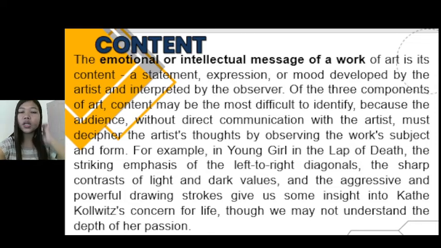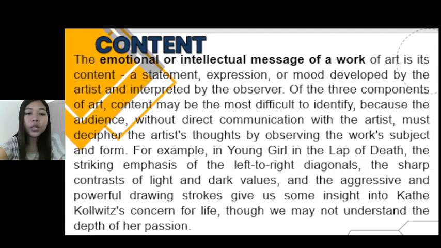So, from the three components of art, this is the most difficult to identify because the audience, without direct communication with the artist, must decipher the artist's thoughts by observing the work's subject and form.